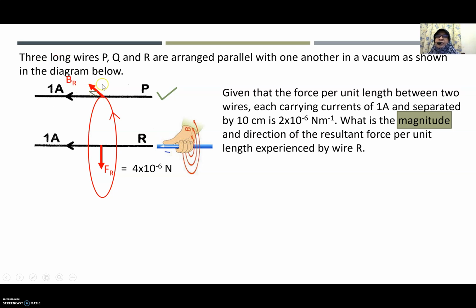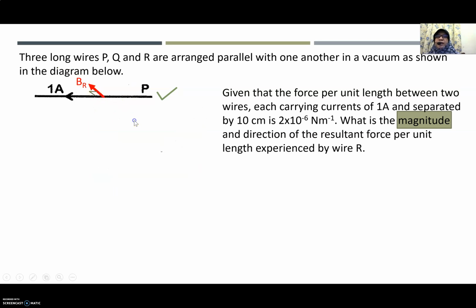Therefore, the direction of magnetic field by wire R experienced by wire P is into the screen. We name it as BR. Next we use Fleming's left-hand rule. Direction of B is into the screen, shown by the pointer finger. The middle finger shows direction of current in wire P to the left, and lastly, the direction of the force on wire P is downward.